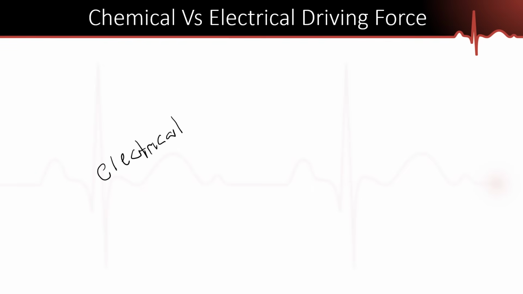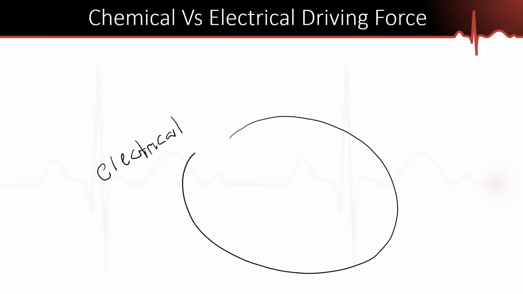Okay, so what are electrical driving forces? Let's make this as real as possible again. On the inside of basically any cell in your body, there's going to be a higher concentration of negatively charged ions compared to positively charged ions.